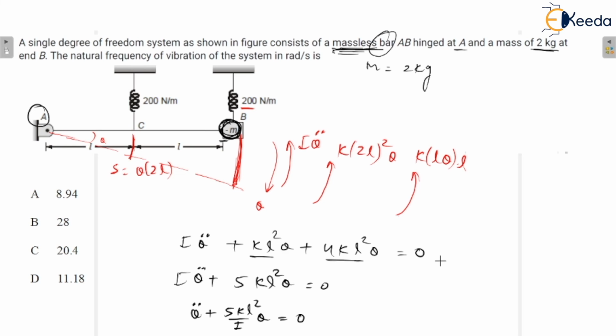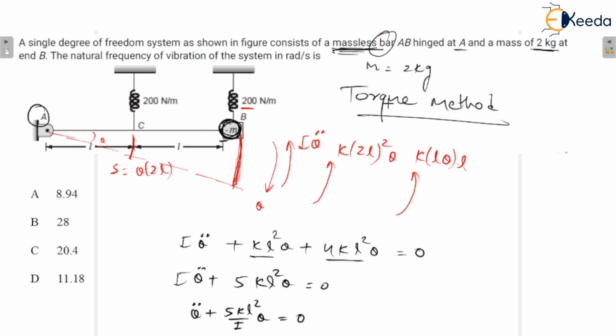Again, I'm explaining this question. We are going to apply the torque method. You can solve these questions using the Rayleigh method, but whatever method you apply in a question, you have to practice a lot of questions on that method, and only then apply it.